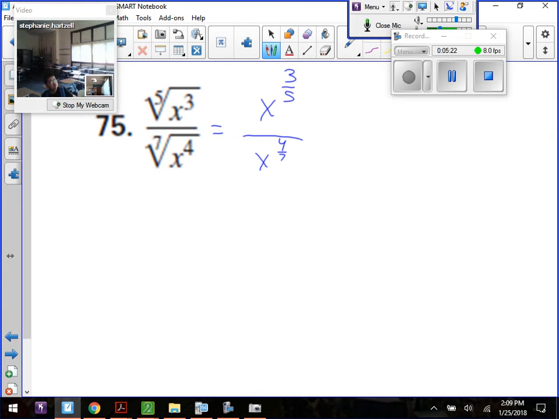If you play war with this one, we have to figure out what's larger, 3/5 or 4/7. Everybody tells me it's 3/5. So I would take the 3/5 and subtract 4/7. I got to get a common denominator, which would be 35. So this becomes 21 minus 20, which gives me x to the 1/35.